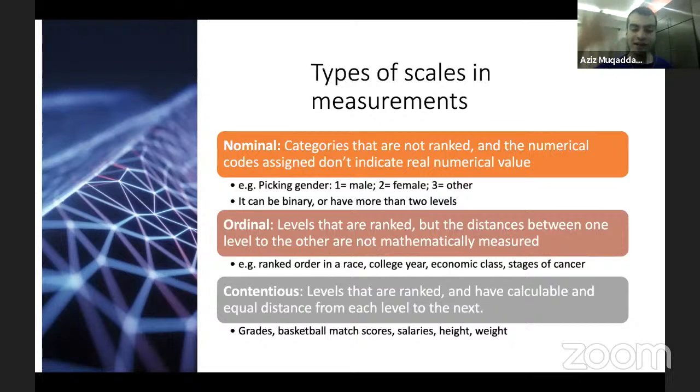So we have different types of scales in measurement, and that's the quantification part. Some people say you can count them as 3 or 4 or just two, so it depends. But mainly we have 3 scales: nominal scales, ordinal scales, and continuous scales. Continuous could be further divided into two different types, so we can talk about that later.